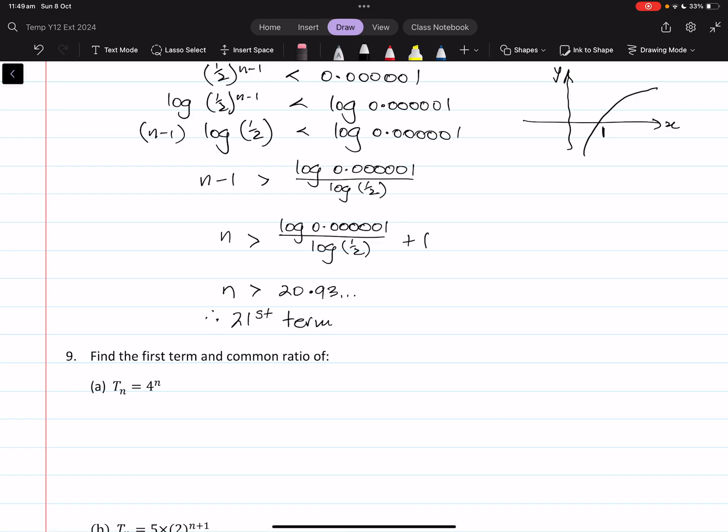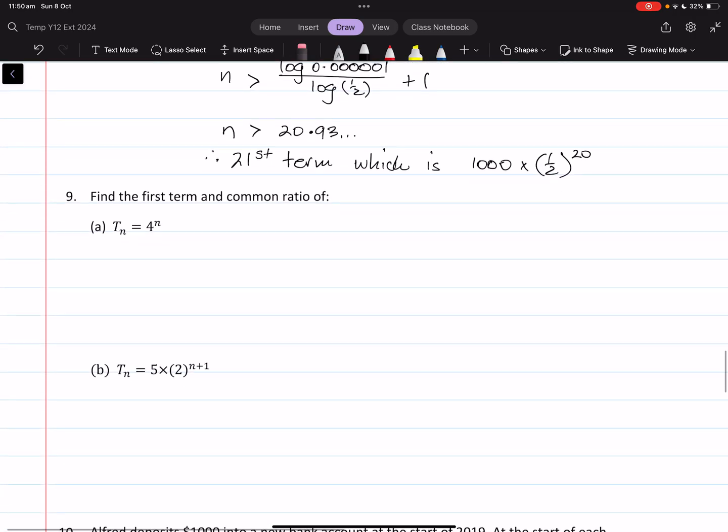I now know it's the 21st term, which is 1,000 times a half to the power of n minus 1. So if n is 21, it's going to be to the power of 20. Just be careful of that. AR to the n minus 1. I won't put that in the calculator. It's obviously going to be very small, but that will be the term.